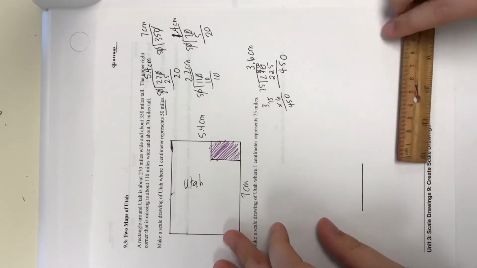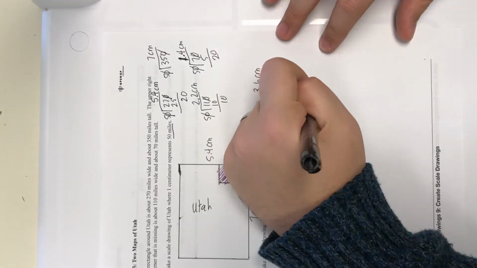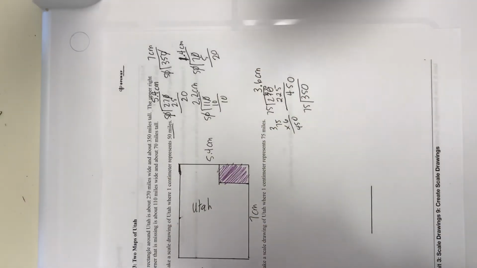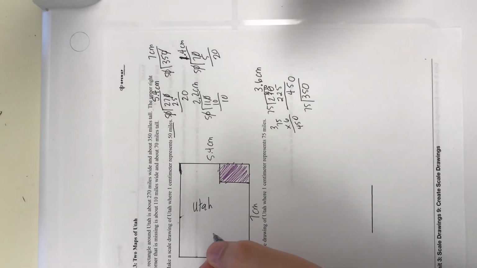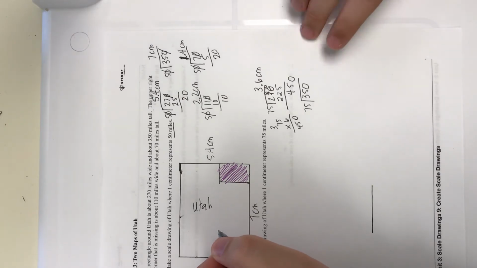Make the base. Then I'm going to take 350 divided by 75. I know that 3 times would be 225. 4 times would be 300.